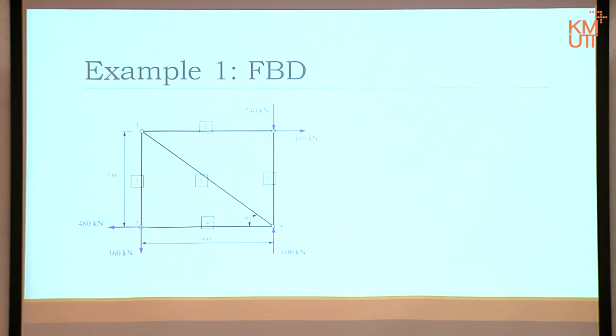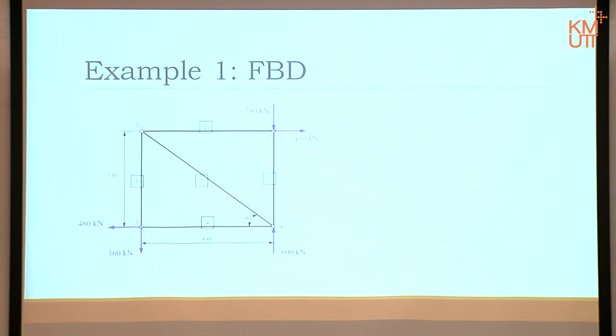Because at joint 4, I have 600 going up, I have N4 unknown, N3 unknown, and then N5 unknown. 3 unknowns, right? Again, joint 4 is just a particle, no size. Sigma Fx, sigma Fy only. Sigma moment will give you 0 equal to 0 all the time.